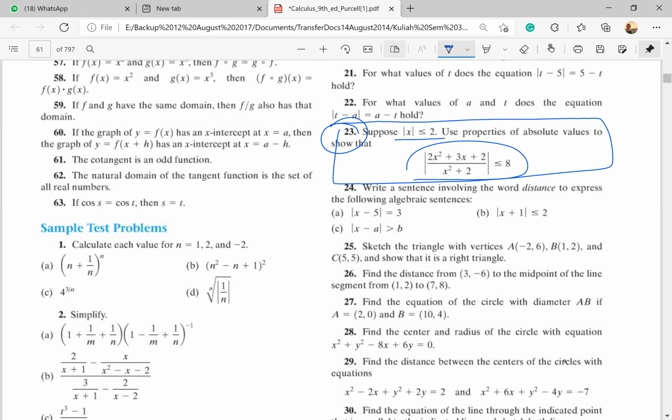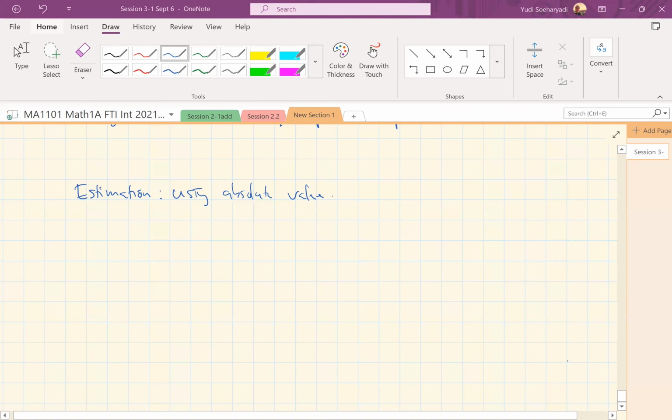If x is no more than 2, show that 2x squared plus 3x plus 2 over x squared plus 2 is no more than 8.